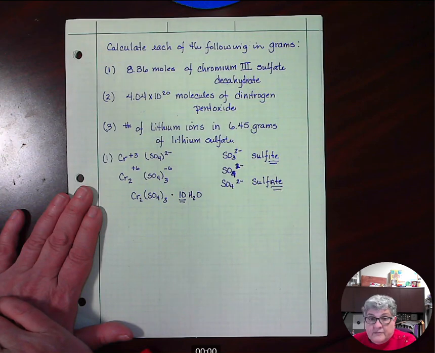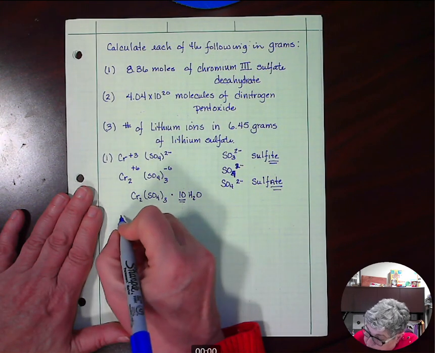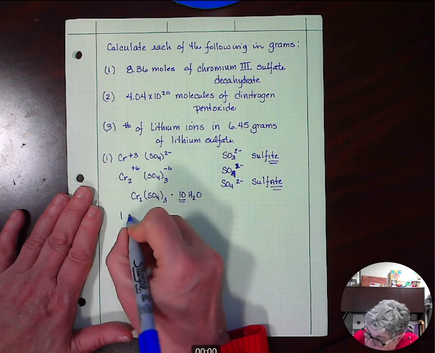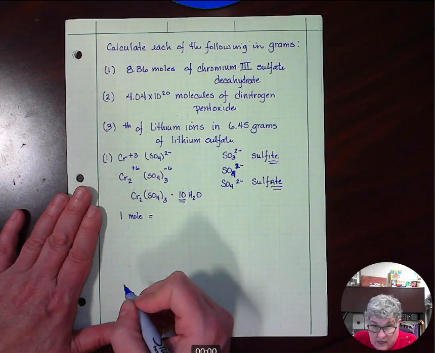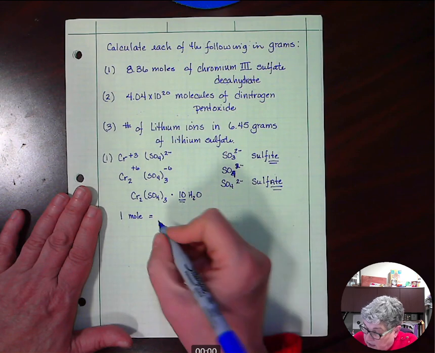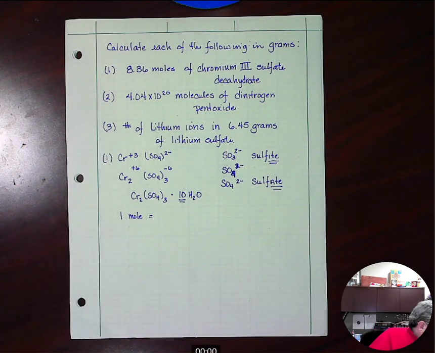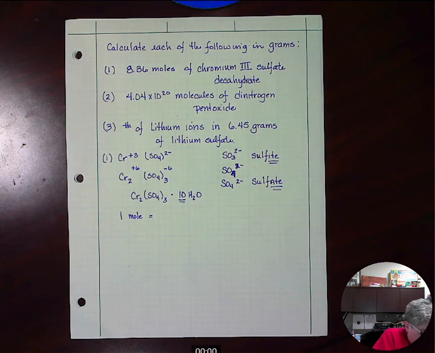All right, but we want grams, and we're told that we have 8.36 moles. So 1 mole is going to equal, make sure I'm writing the numbers down correctly here because we don't want to mess up anything.